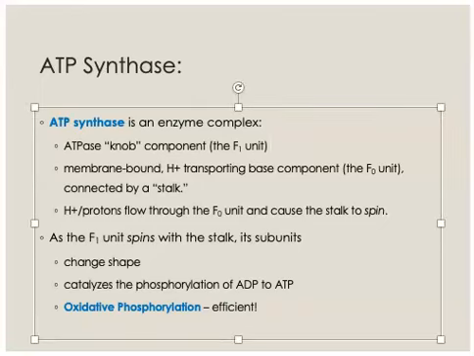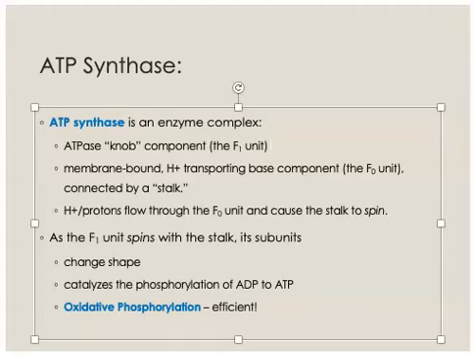ATP synthase is actually an enormous protein. It's what we refer to as an enzyme complex, and it has two distinct subunits in it that are connected by what is best described as a stalk. The catalytic portion of ATP synthase is the F1 subunit, and this is the portion of the molecule that is suspended below the membrane.